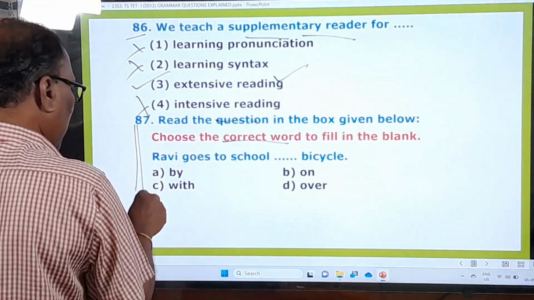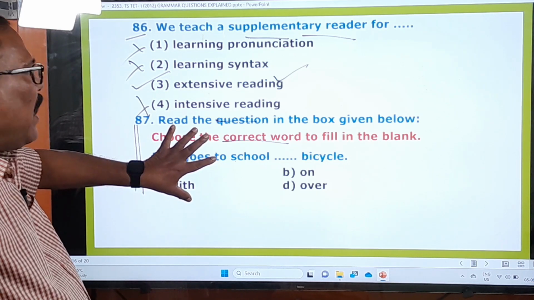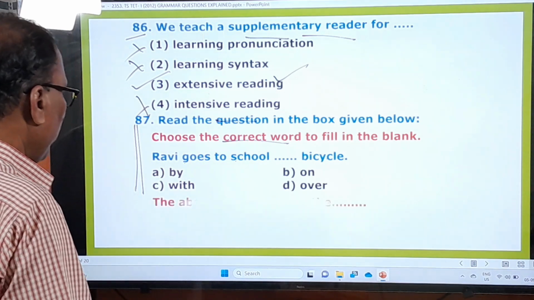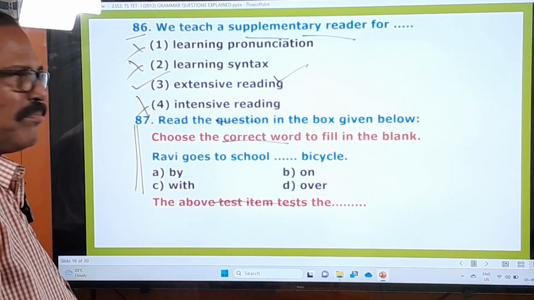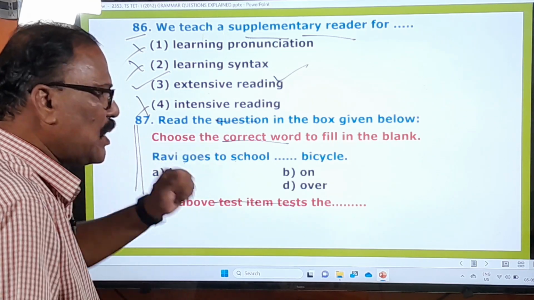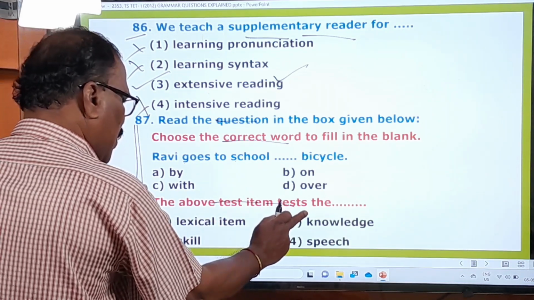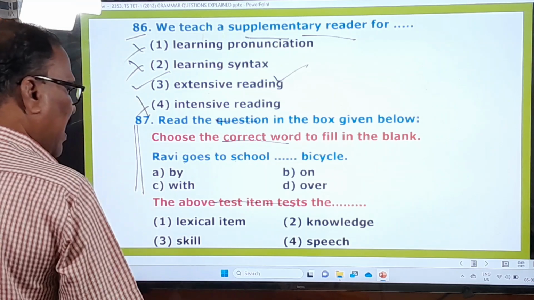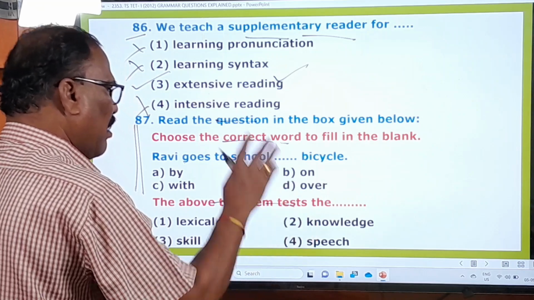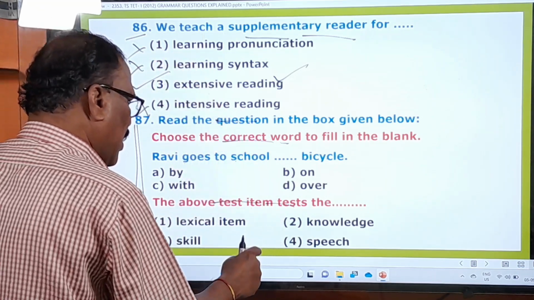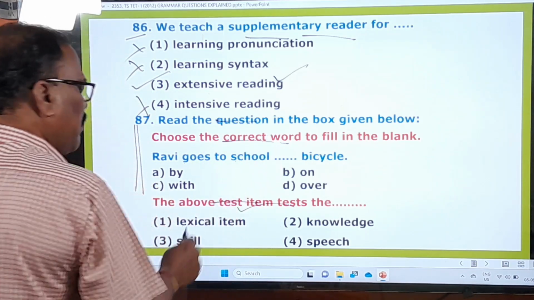In the examination, this kind of questioning will be there. Now what is the question asking you to do? This test item tests what? Options are given: lexical item, knowledge, skill, speech. This kind of questioning tests the examinees on the lexical item only. This is based on lexicon.